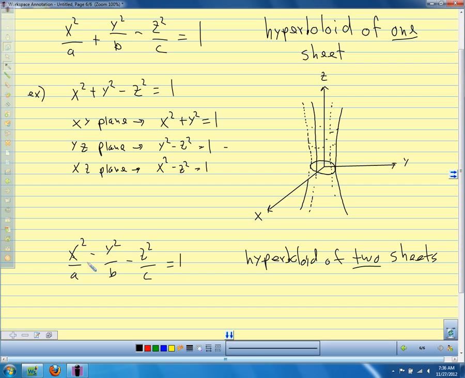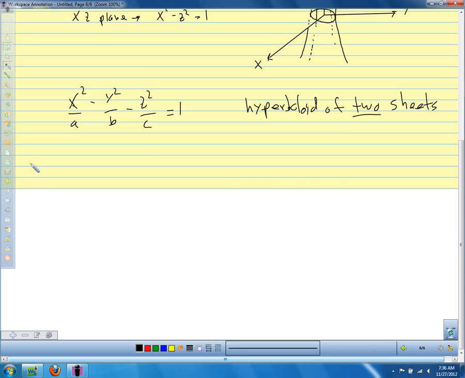And the two negative signs tell me that I have two sheets. So let's sketch a quick graph of this one to see why we call it a hyperboloid of two sheets. And we'll do a very easy one. I'm just going to say x squared minus y squared minus z squared equals 1.